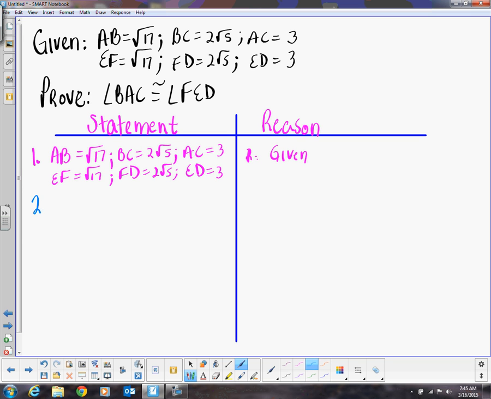So from here, I'm going to make the statement that segment AB is congruent to segment EF. How do I know that? By definition of congruent segments. Definition of congruent segments: segments with equal length.